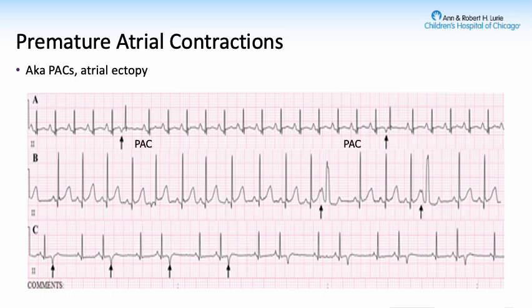You can have aberrantly conducted PACs, so a wide QRS following an abnormal P wave, and then you can have blocked PACs. So normal beat, ectopic beat that is not conducted because it's coming so early that the His-Purkinje system is still refractory. So these are things that you're going to see very commonly in the newborn and NICU period.